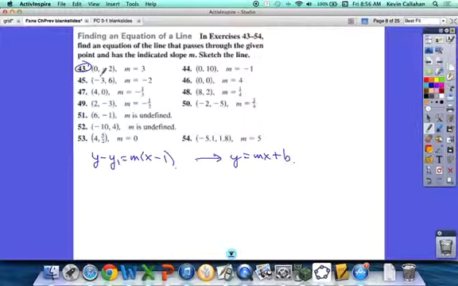Because x equals 0, that is the y-intercept. So actually you have all you need to go right to there. That would have been 3x minus 2. You could go here and solve, but you should get that. If you don't have the y-intercept, then you'd have to put it into this and solve.